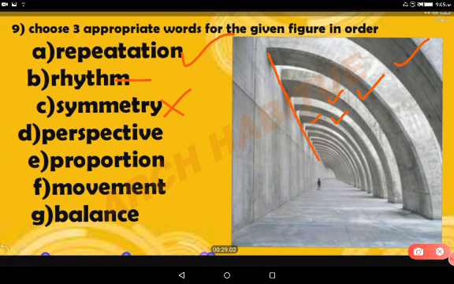Yes, there is perspective. It's one point perspective. And there is a proportion between this and this. Yes, there is no movement. Is there a balance? No, we can't see balance. Okay. So we are done with proportion, perspective, and repetition. The most thing is perspective, then repetition, and then proportion.